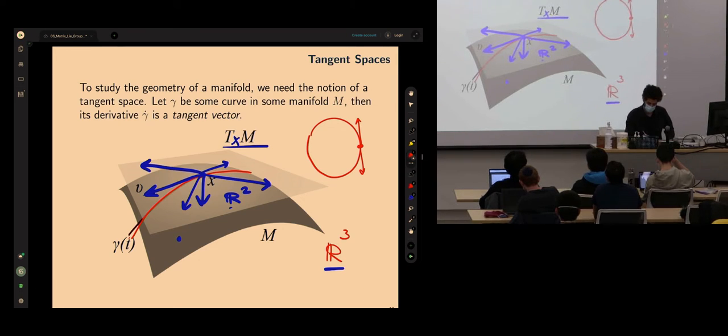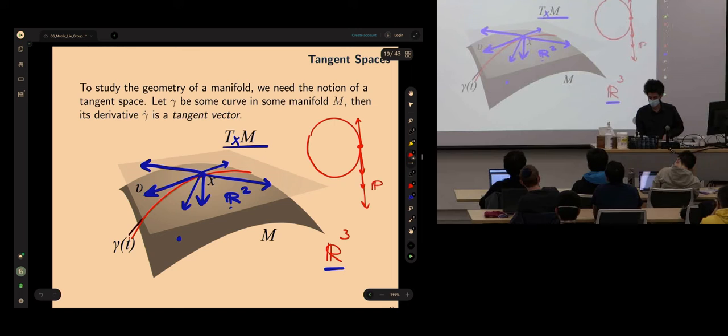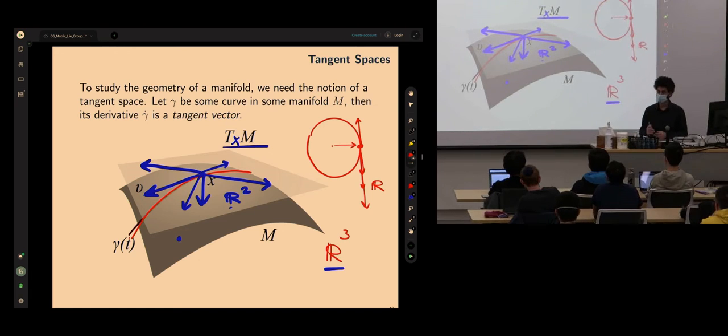You can, because your ambient space is R2. Well, in this case, the tangent space is the real line, right? My vectors can have positive and negative directions and different magnitudes. They are orthogonal to the center, but that's not important.